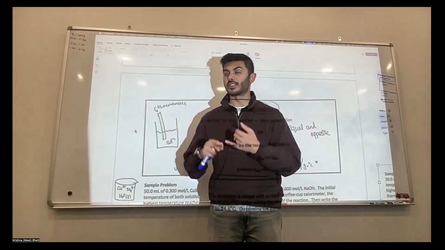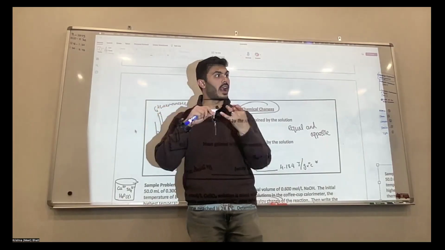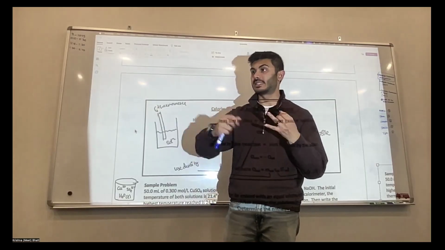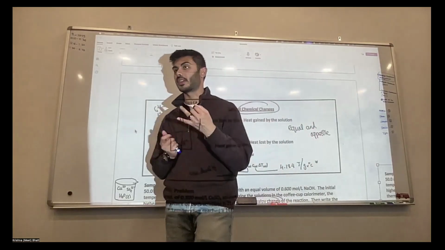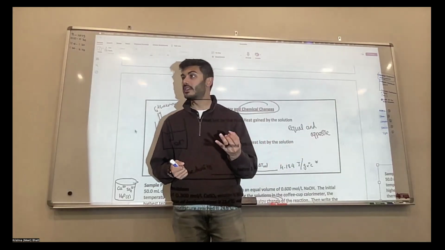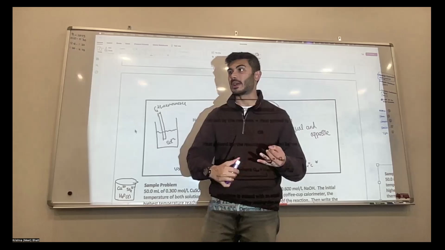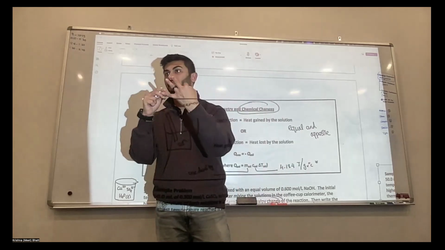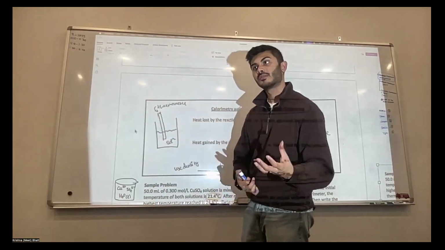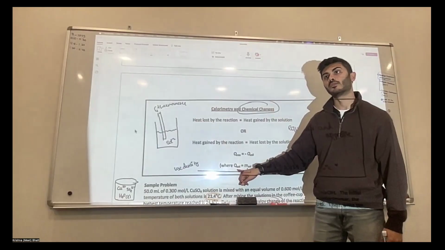So I have the mass. I'm assuming it's like water, which means the lowercase c, specific heat capacity, I'm going to use that of water. And I already have a thermometer placed inside the calorimeter, so I can measure the temperature change as well. So you see how I have the mass, I have the c, I have the delta T of the solution.